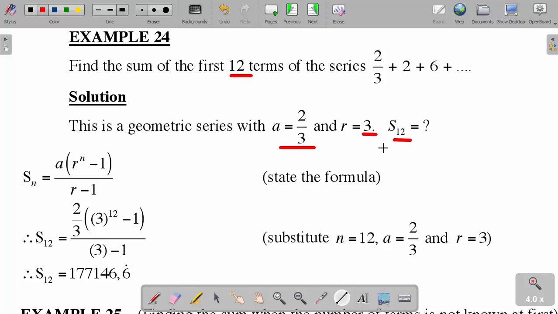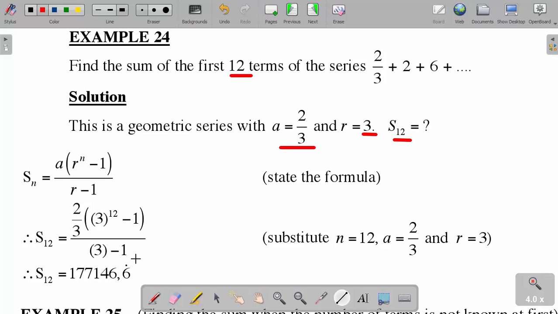So the formula says that the summation Sn of all the terms in a series is given by the first term, open brackets, r power n minus 1, divided by r minus 1. Okay, so if I substitute, my common ratio is 3, my n is 12 here, then minus 1 over 3 minus 1.